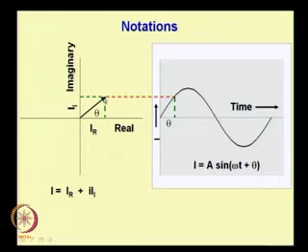We convert this into two components, and in the parlance of electrical engineering we call them real current and imaginary current. So I could be represented as I real plus i times I imaginary, where the small i here is the square root of -1, or in some cases they would put it as j. So we would have either I_R plus i times I_I, or I_R plus j times I_I.